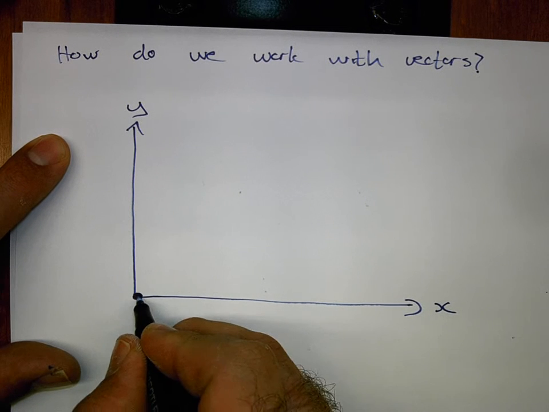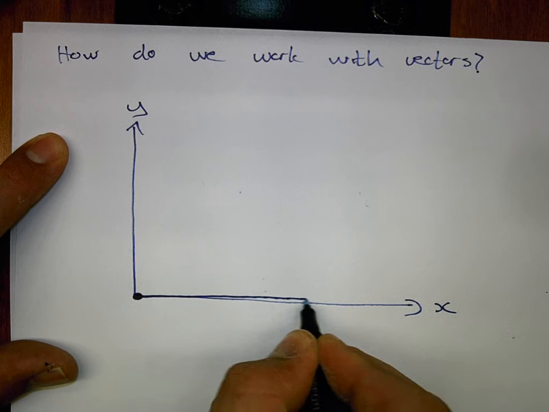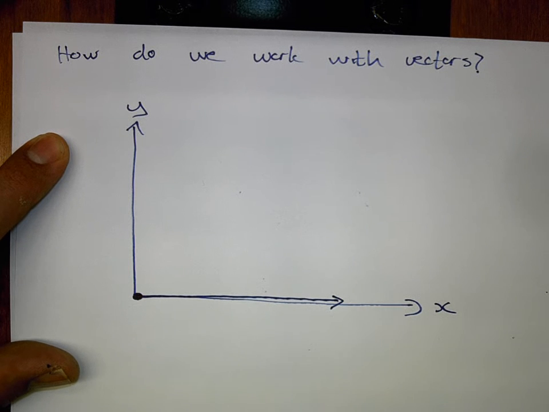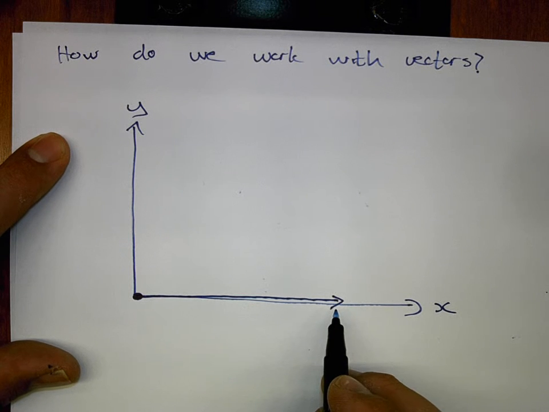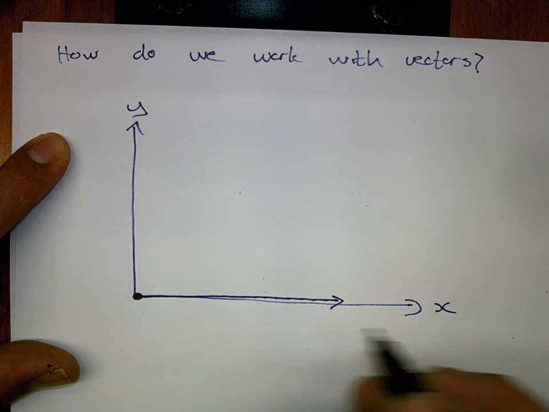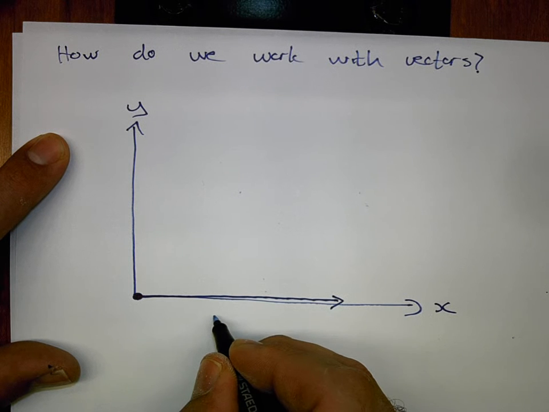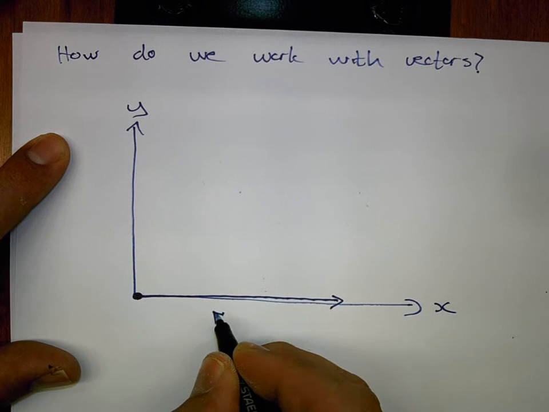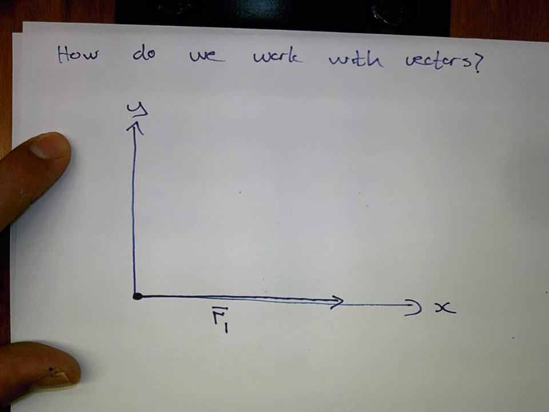So Ilias had to walk this far along X. Let's call that his first displacement. This I'm now going to draw explicitly as a vector. Let's call this vector R1 with a little bar.